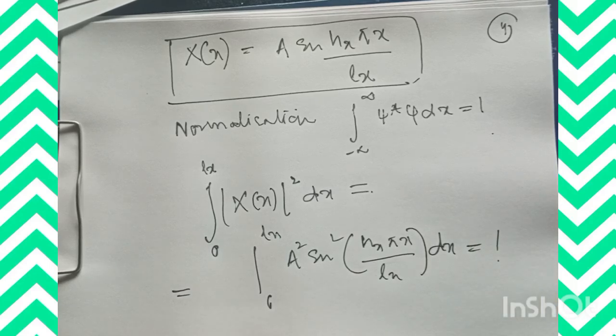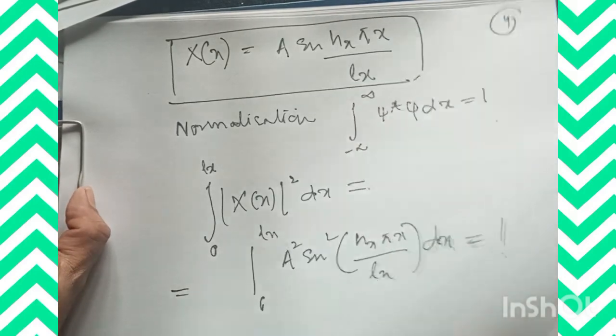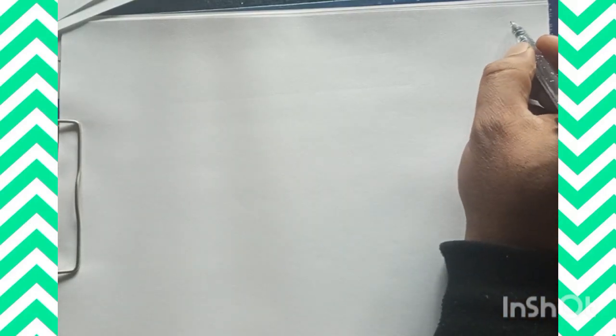All right, so what can we do? We can take A square out, and inside the integral we have sine square theta, for which I will use 1 minus cos 2 theta, as we evaluated that integral in the previous videos.